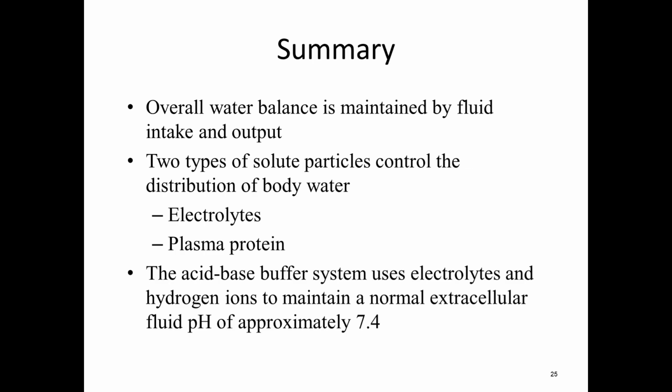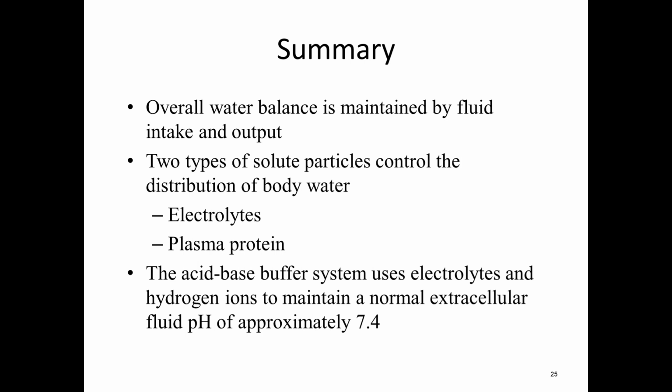So, the overall summary of this video: overall water balance is maintained by fluid intake and output. Two types of solid particles control the distribution of body water: electrolytes, which are small molecules, and plasma proteins.